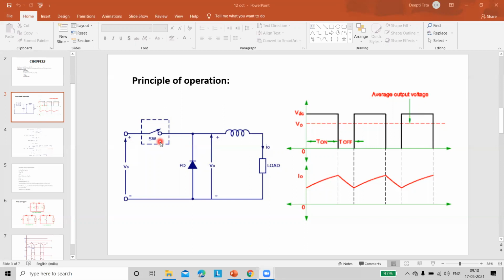When the chopper is turned off, the corresponding time period is known as the turn off time. That means during the turn off time, the switch is going to be open. That means there is no path for the input current to enter the load. It is an open path.